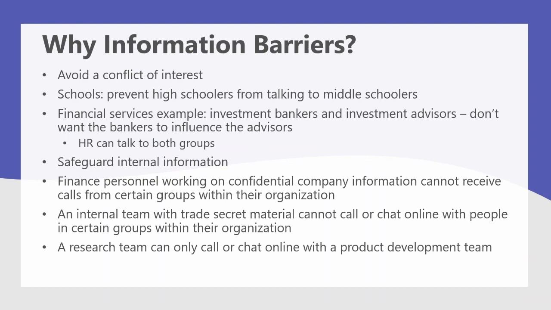So you would create two different groups, one for high schoolers and one for middle schoolers, and then create a barrier so they're not allowed to contact each other. This is also something that's often required in financial services institutions. It can also be used to safeguard internal information, like if some people are working on a highly confidential project, like a super secret merger and acquisition, you might prevent them from talking to some people in their organization.